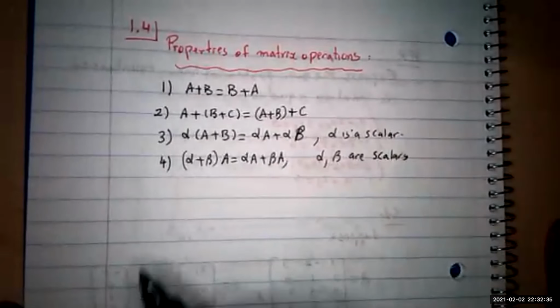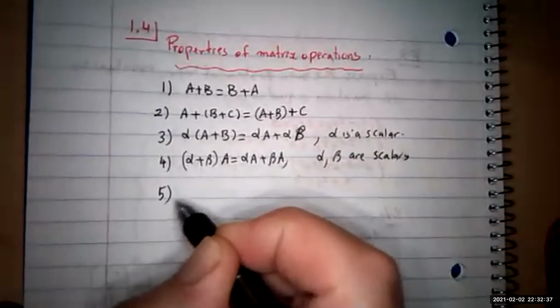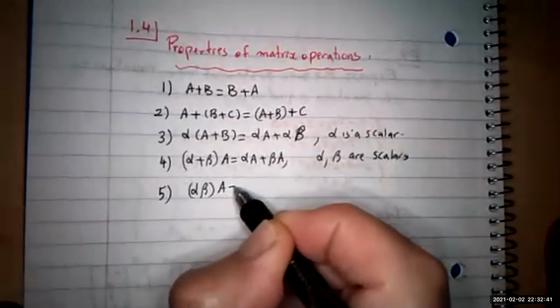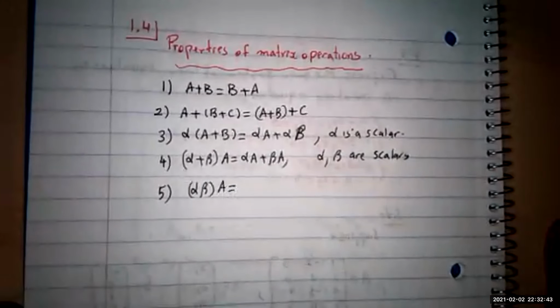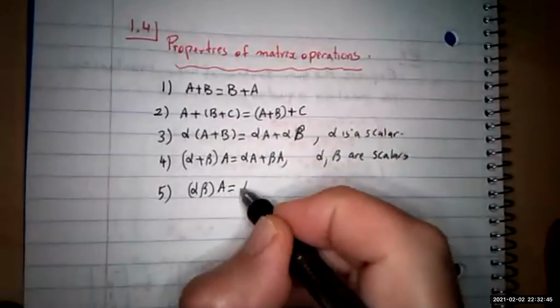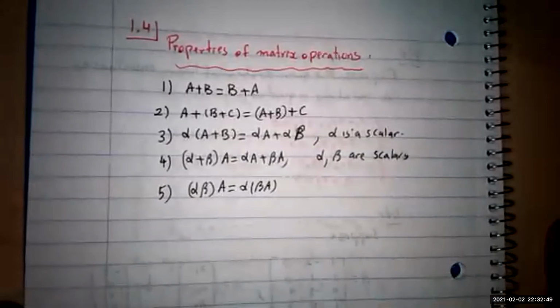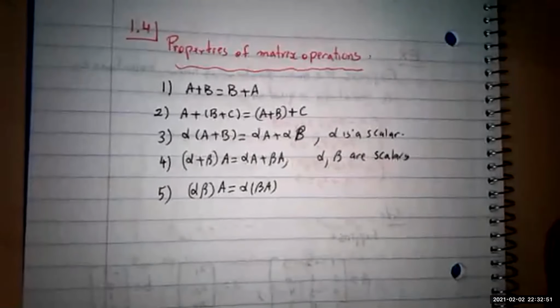And some other properties like, if you have alpha times beta, they are numbers, times A, you can write down as alpha times (beta A). It's like 2 times 3x would be 2 times 3, then x.